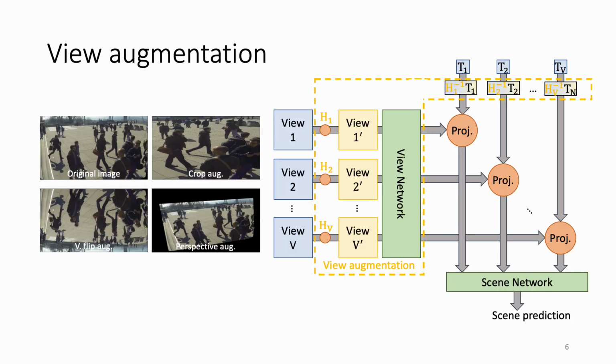Now that we have presented our multi-view detection model and projection onto the ground plane, let us introduce our multi-view data augmentation pipeline. First, we propose to do view augmentation.